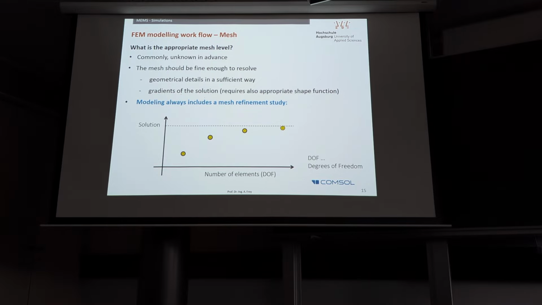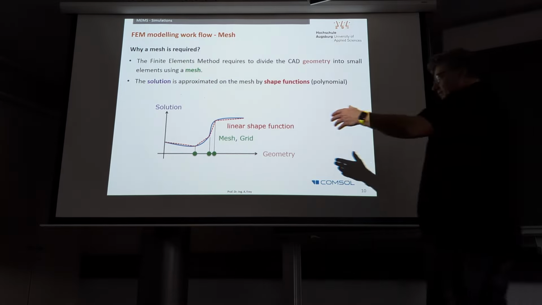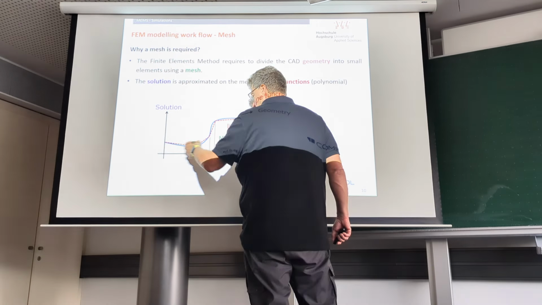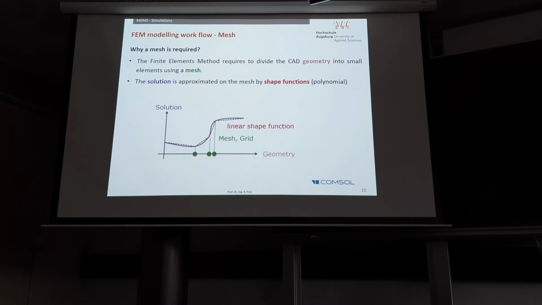What I also already addressed is the question, what is the appropriate mesh level? So not talking about the order of the shape function, but how many mesh elements you use, you have to decide for. First of all, you can let COMSOL do the job, and by default it's doing something.